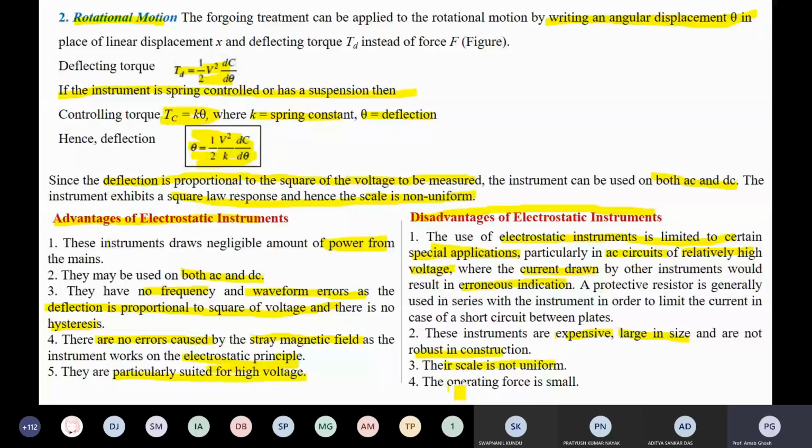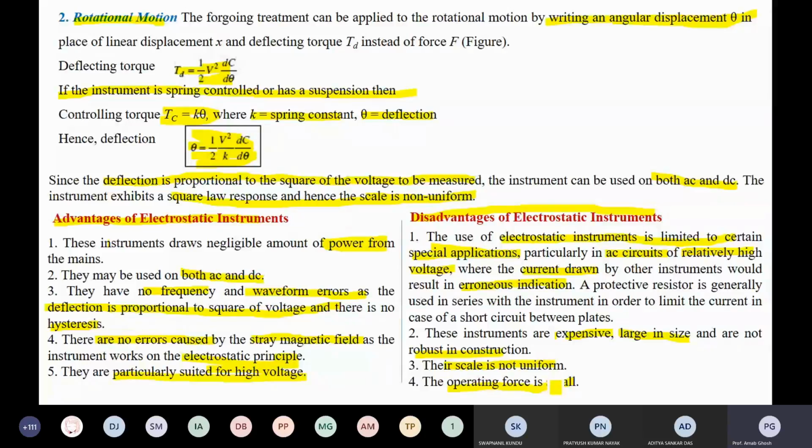Because the change of capacitance is very small, it is a very sophisticated instrument. It is not so robust: with any disturbance, the capacitance may change or the dielectric medium values may change, which may cause unnecessary error. These are all the disadvantages of electrostatic instruments.